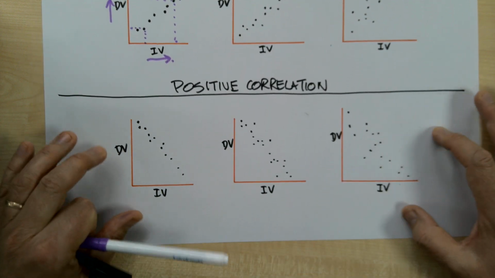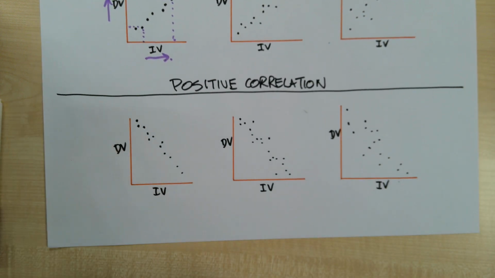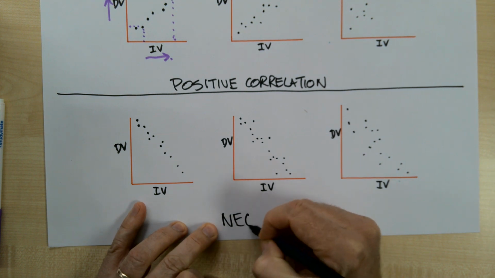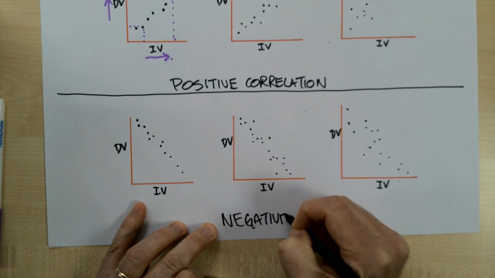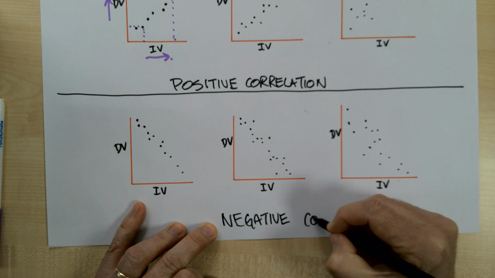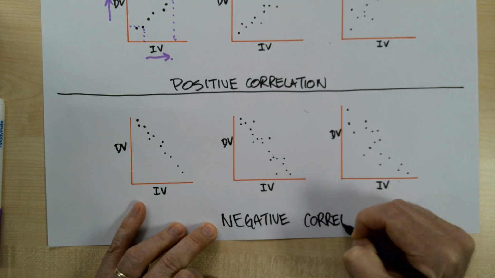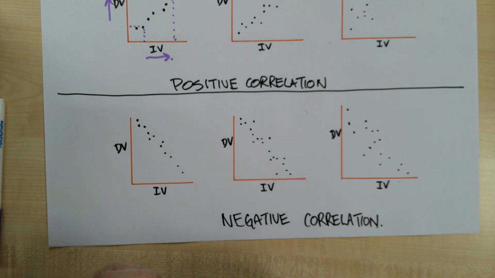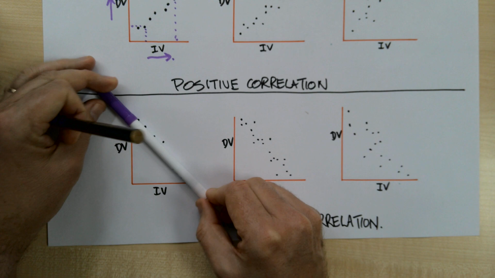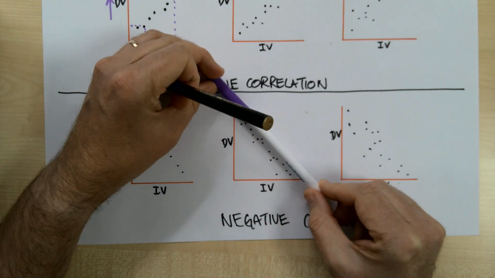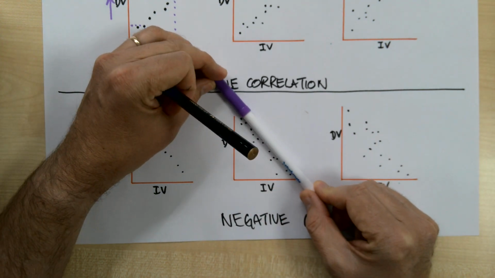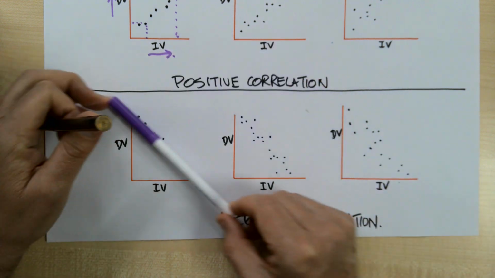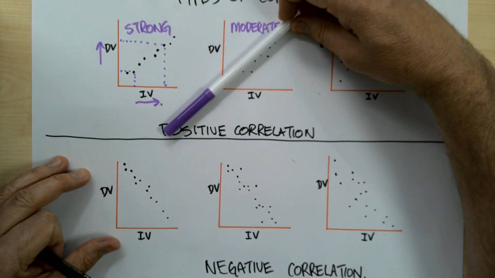So let's have a look at this bottom bit now. This is negative. This is a negative correlation, and you need to be able to state that. The giveaway is it's basically a downhill slope, not uphill like up there.